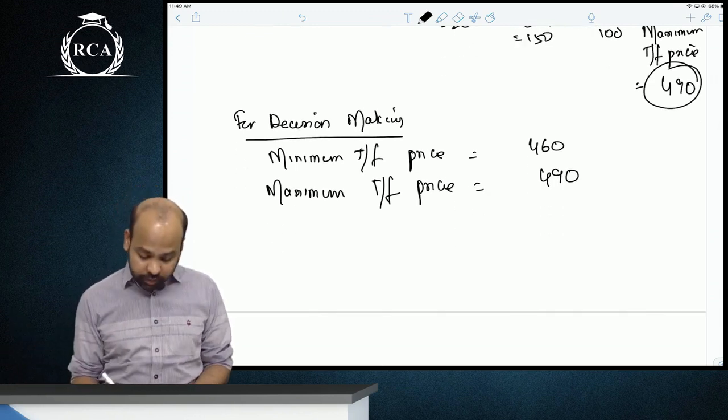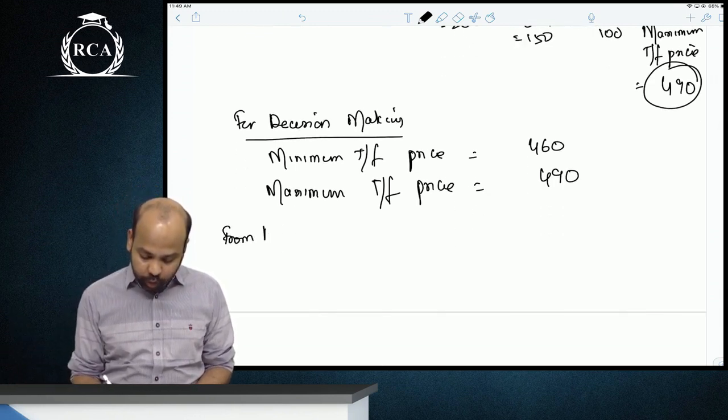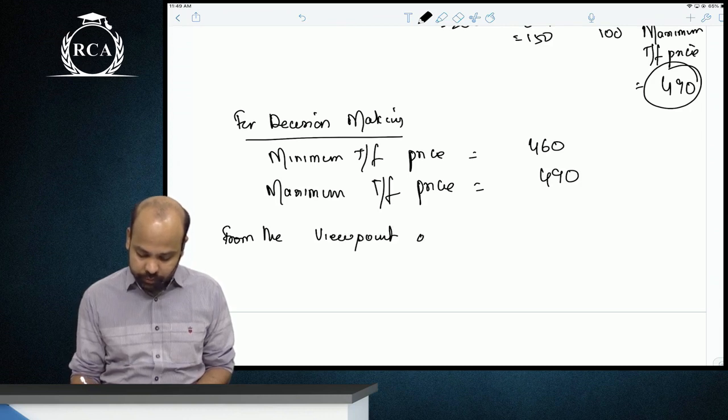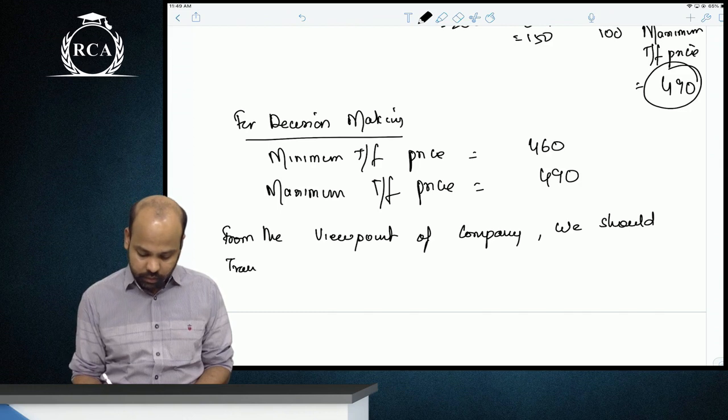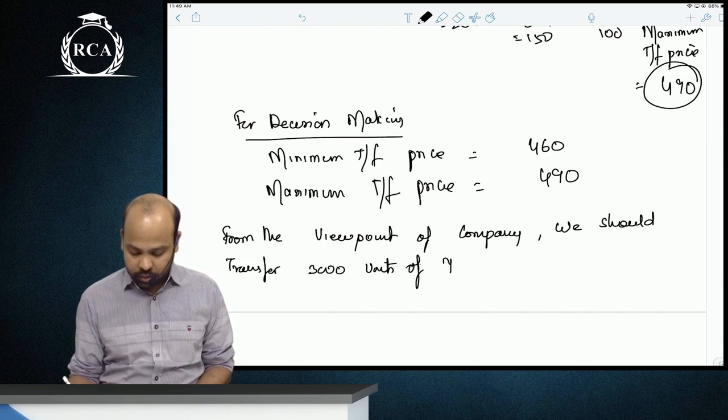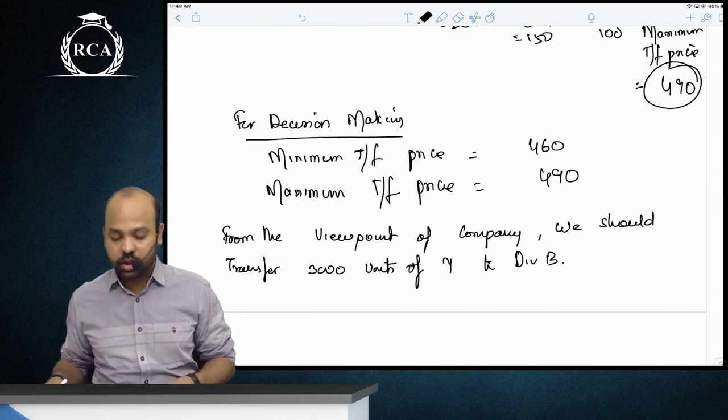From the viewpoint of the company, we should transfer 3000 units of Y to division B. The requirement is only 3000 units. Understood, sir?